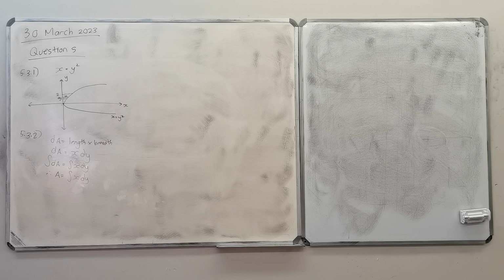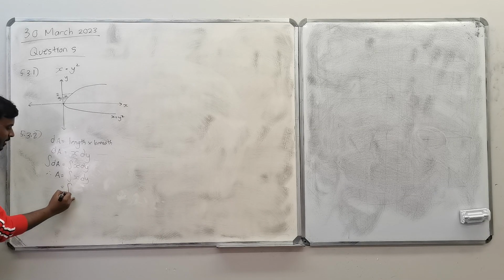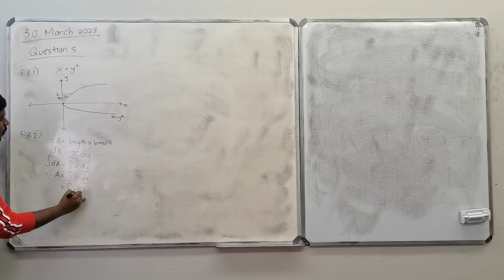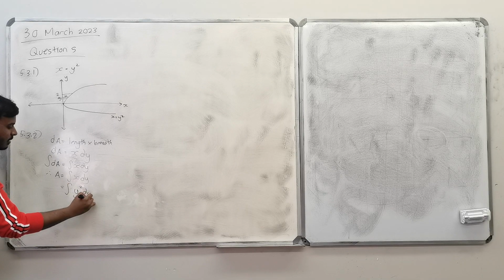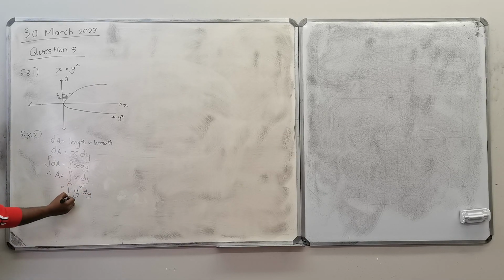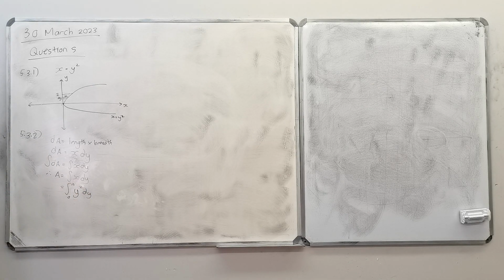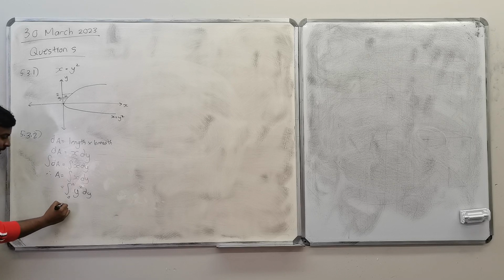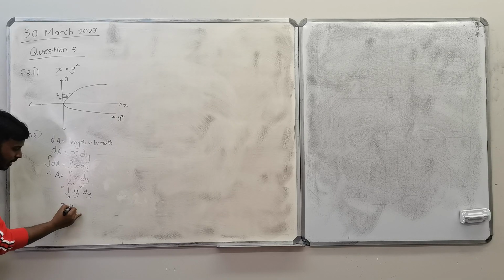So right there is the equation of x, right? Because the equation is in terms of y. So this here is equal to the integral of y squared dy, and you're integrating from 0 to 2. Integral of y squared will be what? It's going to be y cubed over 3.